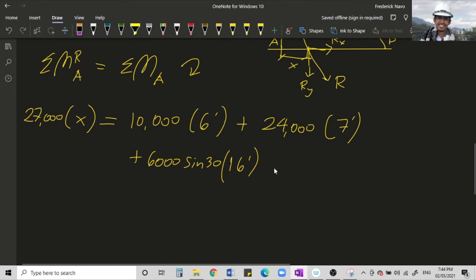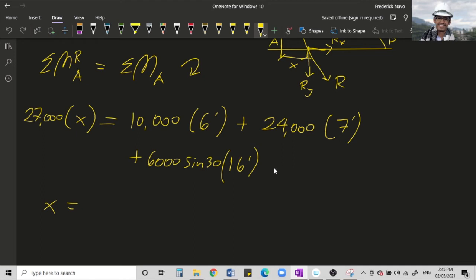Feet. So, makukompute na natin yung X natin. So, that is equal to 27,000 times alpha X is equal to 10,000 times 6 plus 24,000 times 7 feet plus 6,000 sine 30 times 16.